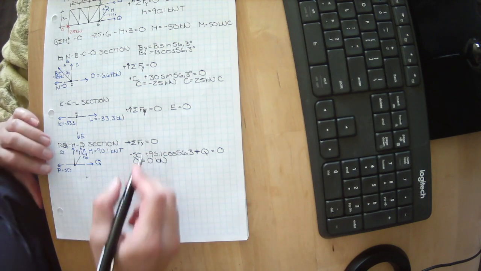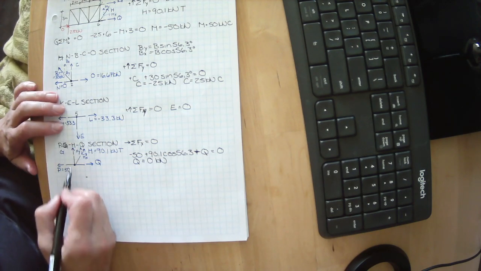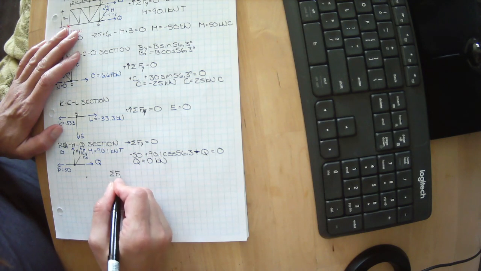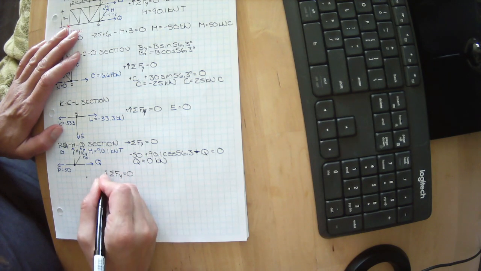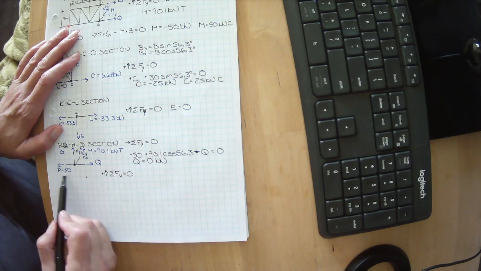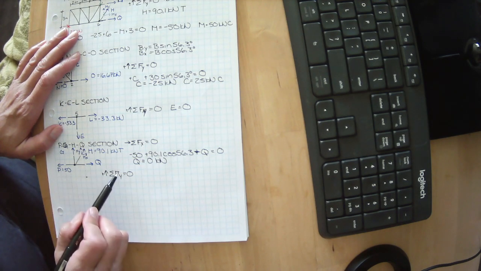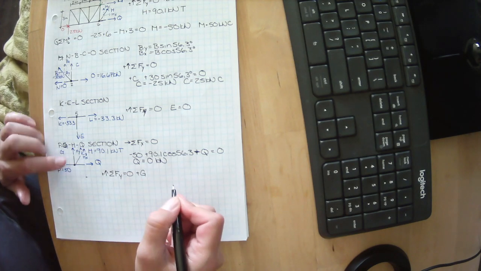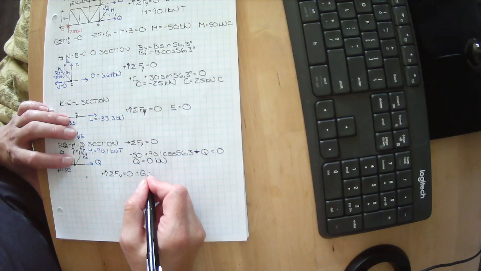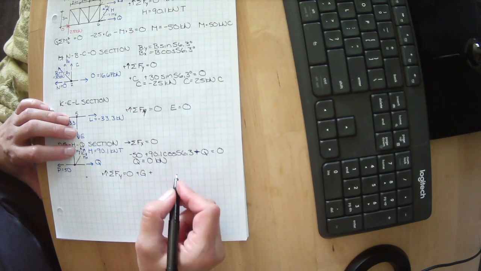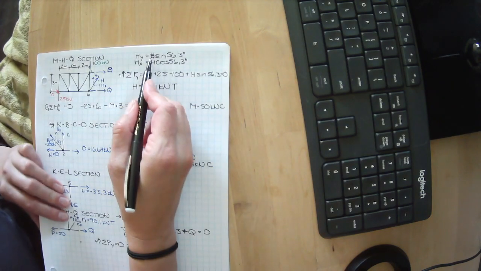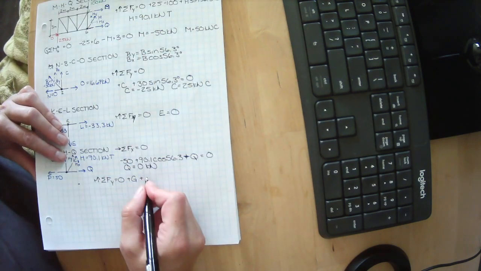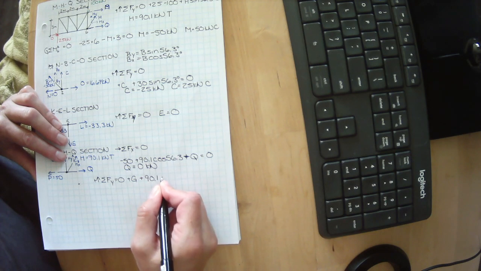We have G still that we can solve for, which is going up and down. Let's sum our forces in the Y direction. Everything upwards is positive. 50 goes in that direction, Q goes in that direction. We have G going upwards, and we have HY going upwards, which is positive. So plus HY, we know that HY is H sine of 56.3, and we know what H is. We know it's 90.1.